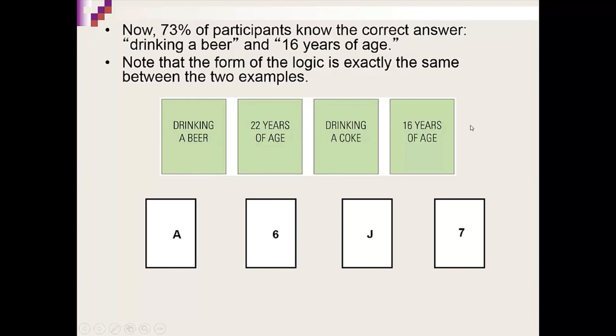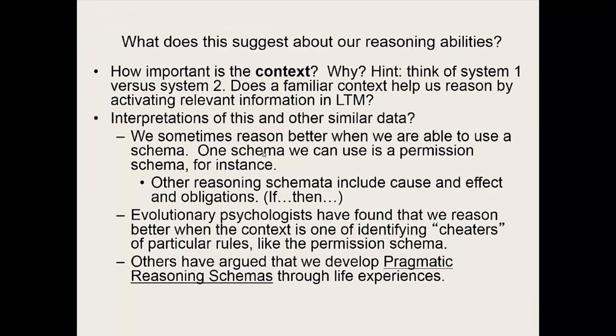However, when we have a familiar context, like we do here with the drinking age, we really don't have to reason the problem out for the first time. We've probably reasoned this problem out many times before in our lives. So the context allows us to activate relevant information that we already know and apply it to this particular problem.